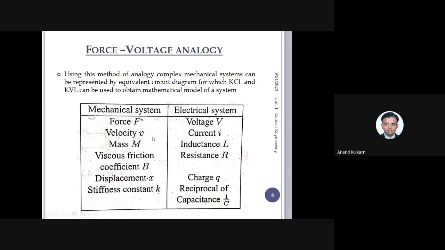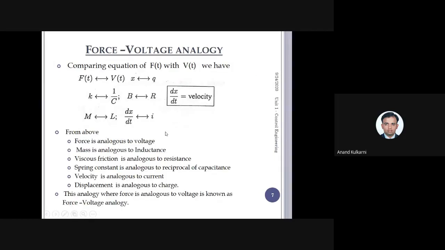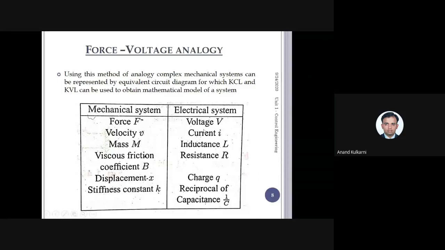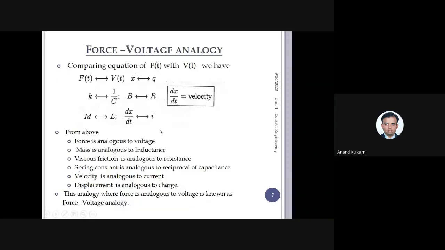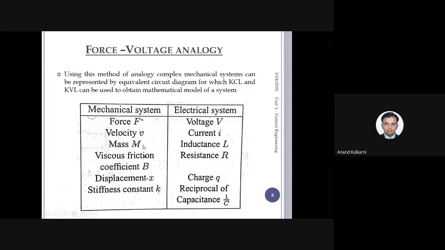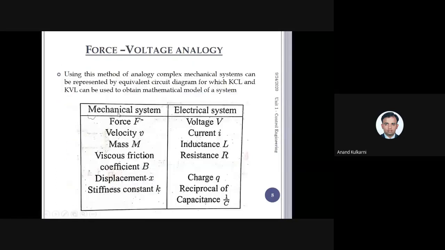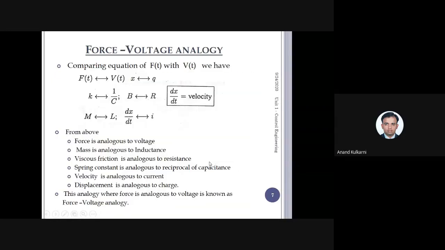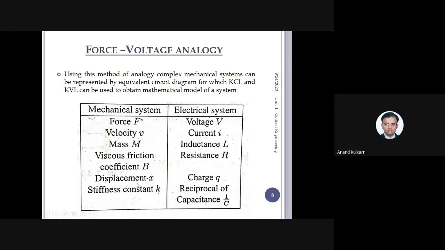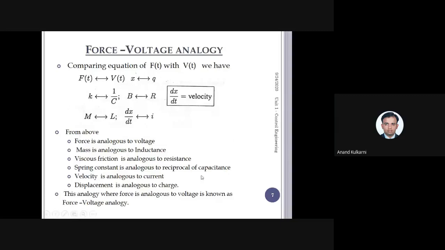So as in the earlier case we have seen, force and voltage are analogous. Then velocity and current, that is here. So dq by dt is velocity, and I is the current. So velocity is current. Then mass is inductance. Then viscous friction B is resistance. Then displacement x is the charge.